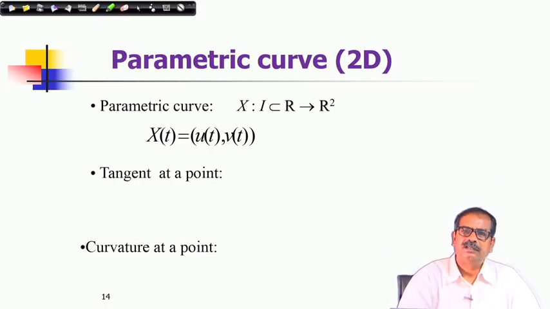So, this is a parametric description, a very simple way to describe a curve as a set of points, and it is a continuous curve if the parameter varies continuously and these functions are also continuous over t.